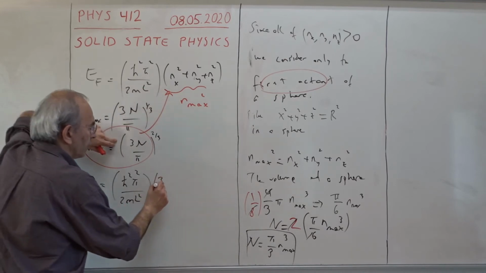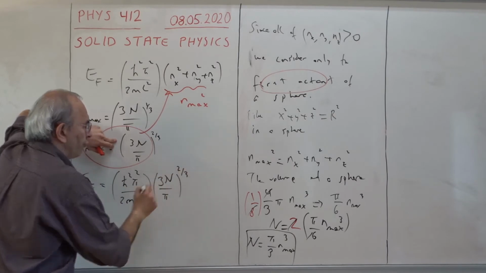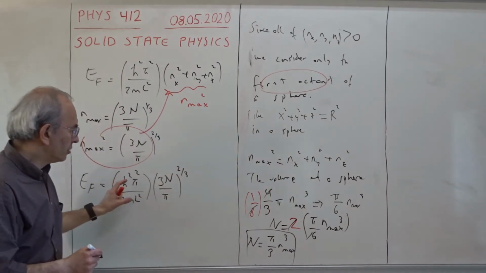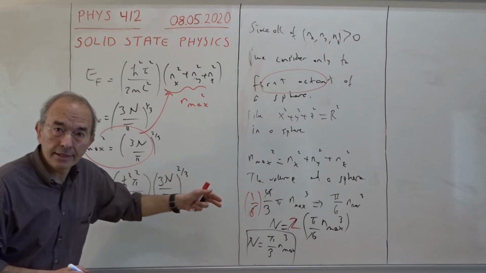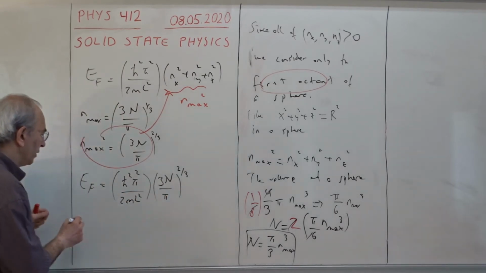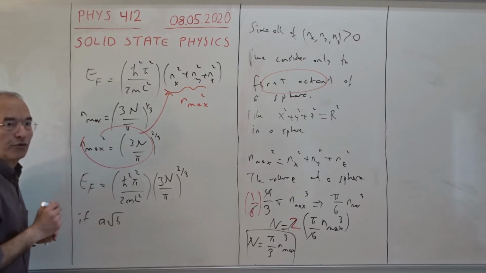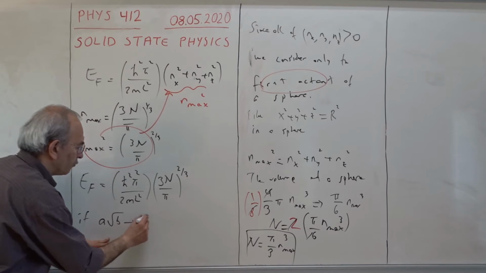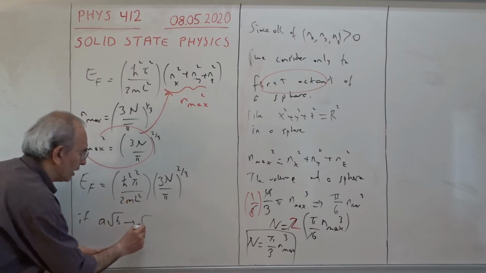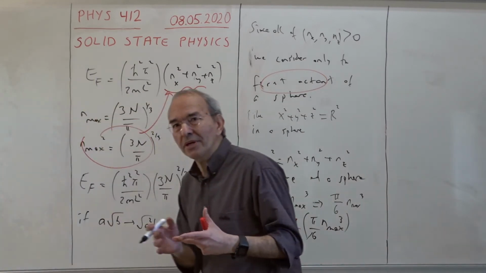What is that? 3n over pi to the power of 2/3. We can also put these pi and L inside this last parentheses. For example, if you have a root b, for instance, if you write a as a squared, you can also write them like this. So this is the algebraic idea.